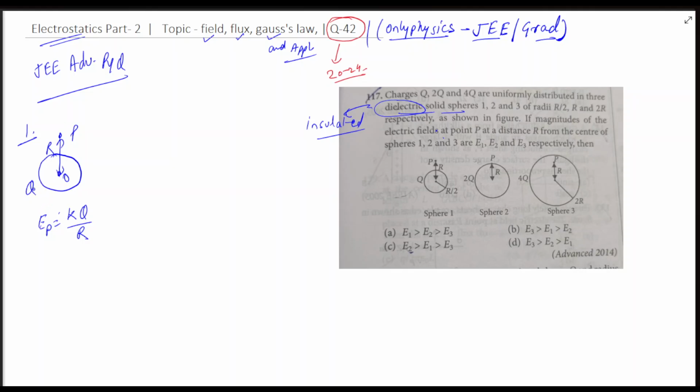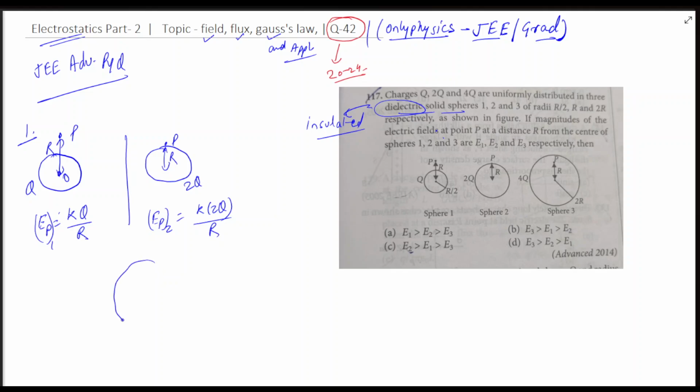The charge given on this sphere was q, so EP1 is kq by r square. For sphere 2, we have 2q charge, and we are considering a point on the surface of the sphere of radius r. So the electric field at point P for the second sphere will be k 2q by r square.